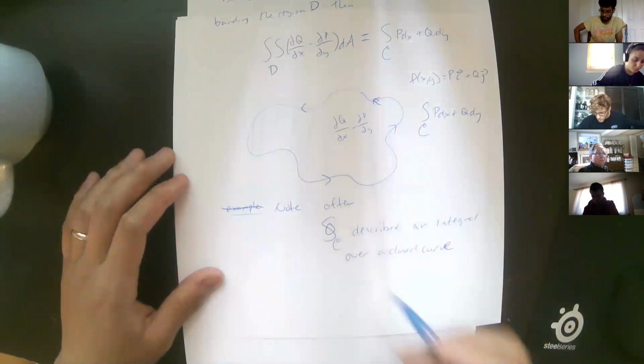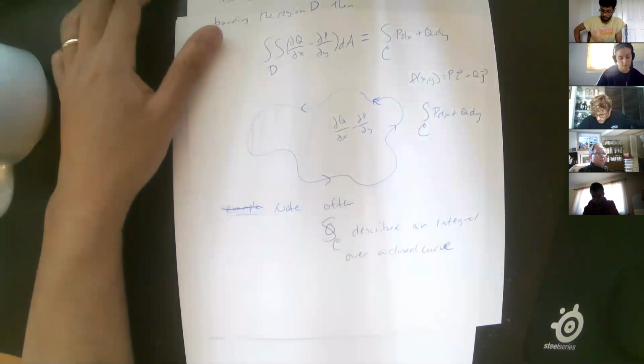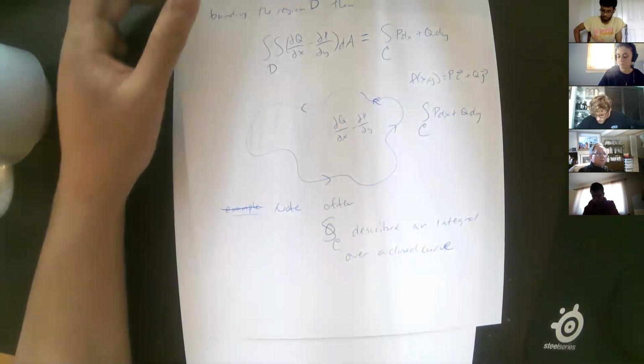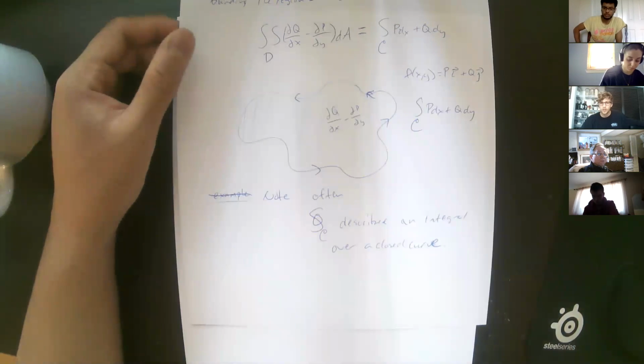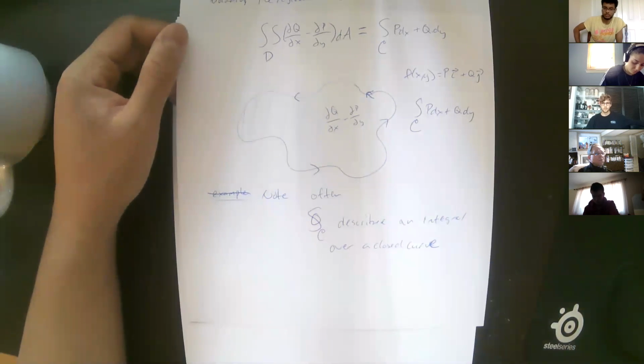It's a normal integral with an extra circle in the middle. Often, this is also the symbol for a contour integral.